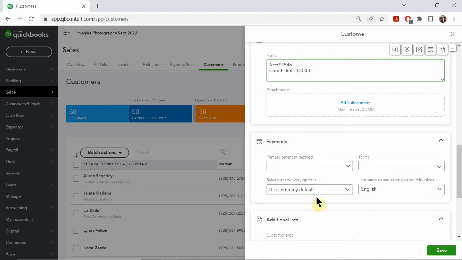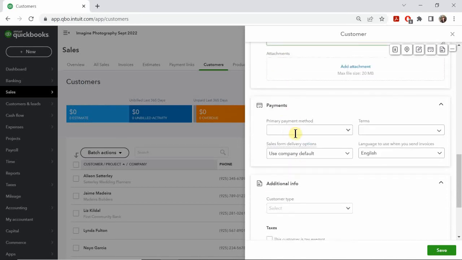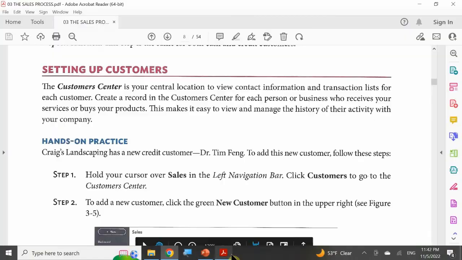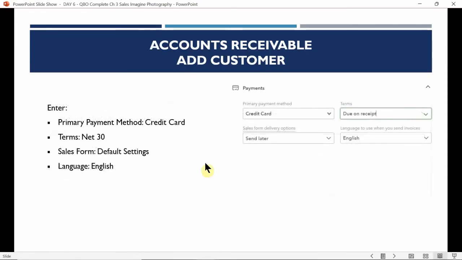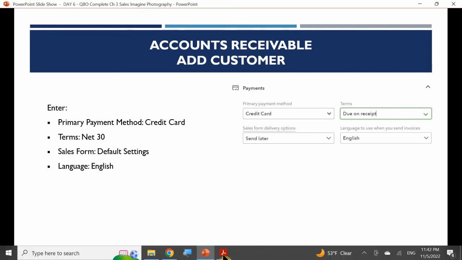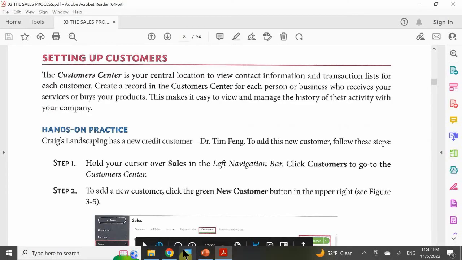Right? So the next one's going to be payment methods, right? What is their primary payment method? Okay? So for instance, this one, they're going to be using a credit card. You want to put terms as net 30, and then of course, you want to put sales for default settings, and you want to make sure it is in English language. Okay?